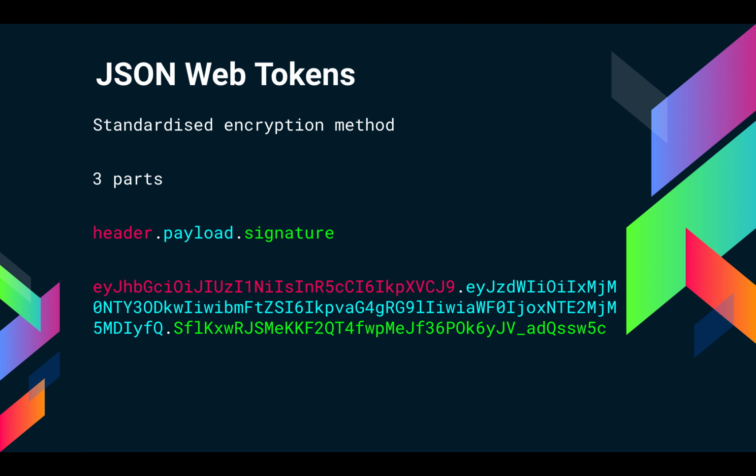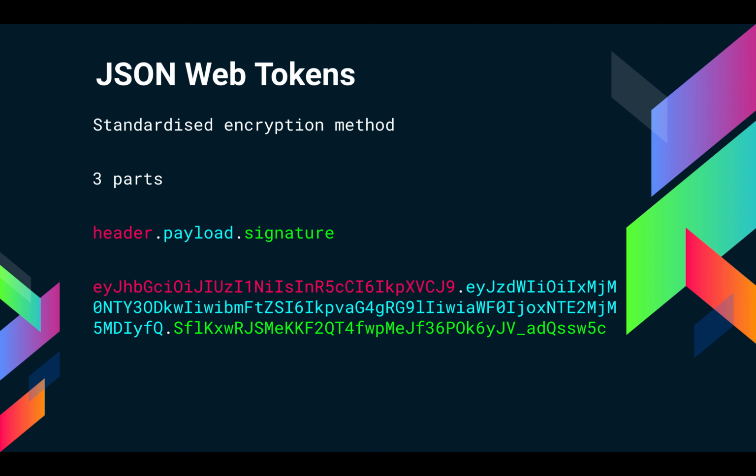Anyway, a JWT is using a standardized pattern and standardized encryption methods. There are three parts to it: a header, a payload, and a signature. It's quite similar to an HTTP request in that way. The header has some information about the token.